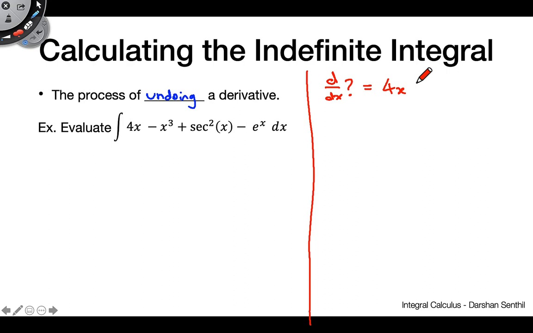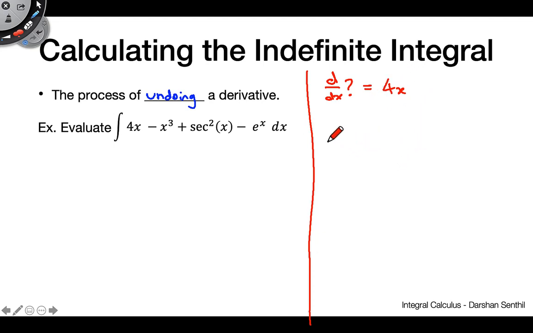Well, let's think about how we differentiate these things to begin with. 4x is a polynomial. It's a first order polynomial, but it's a polynomial. And when we work with polynomials, we use the power rule. So let's think about how we might use the power rule to get 4x.